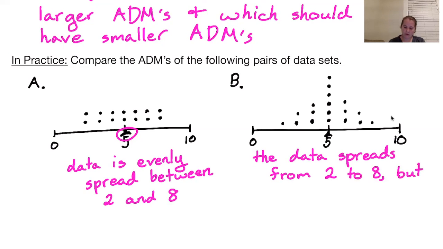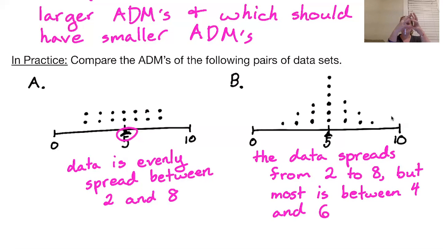but most of the data is between 4 and 6. So in A, the data is spread out sort of across the board, whereas in B, the vast majority of the data is clumped very close to that 5.